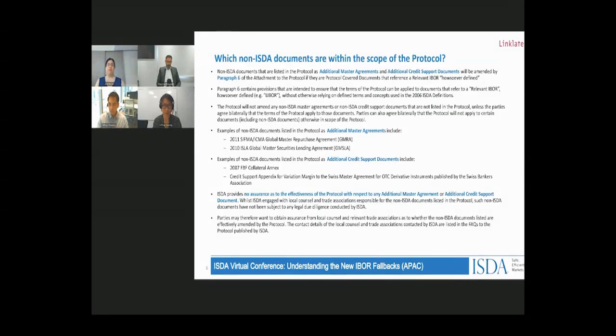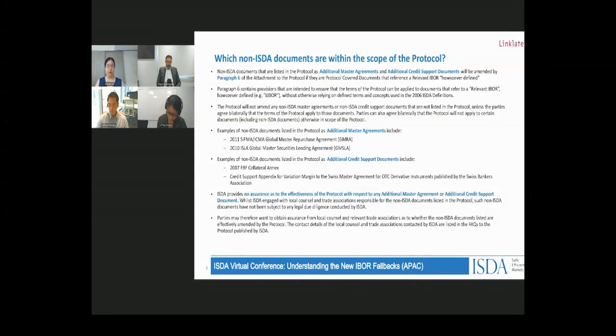Some of the other non-ISDA documents that could be captured under the protocol by way of credit support documents, as you see on the slide, are the 2007 FBAK collateral annex, your variation margin VM CSAs, as well as several different jurisdictional versions.